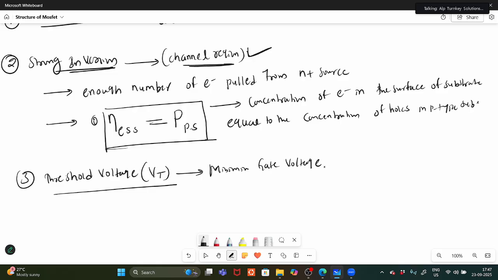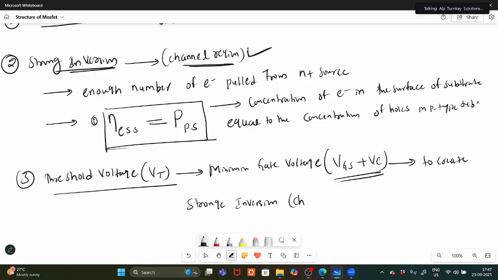In enhancement MOSFET, you are applying VGS as positive or negative? Positive. We are applying positive gate voltage. The minimum gate voltage we apply to create a strong inversion layer, or we can call it the channel.